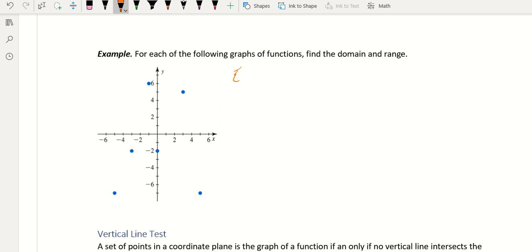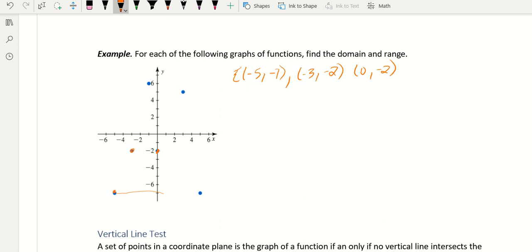Our first ordered pair here is (-5, -7). Our next ordered pair is (-3, -2). Our next ordered pair is (0, -2).